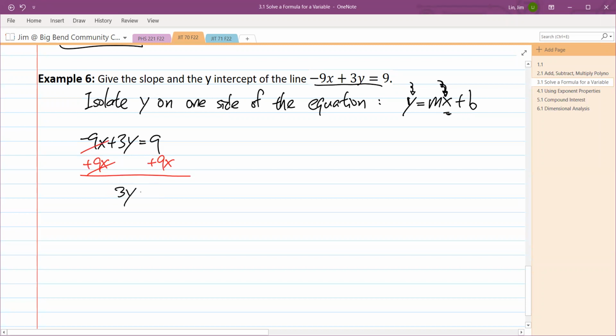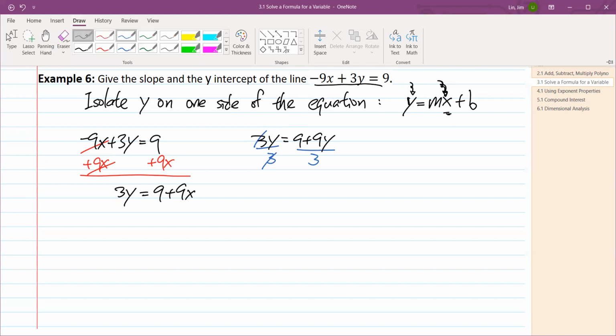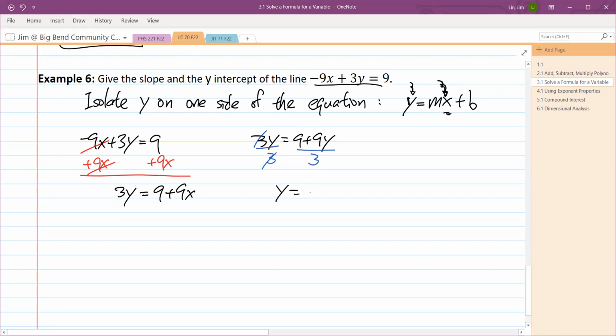So we have 3y equals 9 plus 9x. Right. When the y term is alone, then we can operate by division. Dividing both sides, the entire left and right, by 3, so the 3's are divided out, and then we'll get y equals (9 plus 9x) over 3.